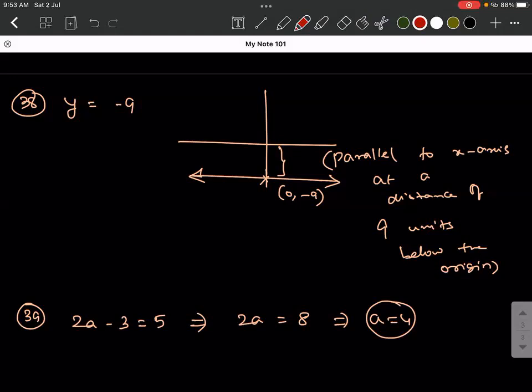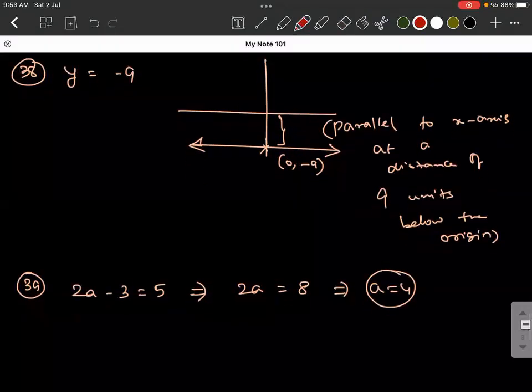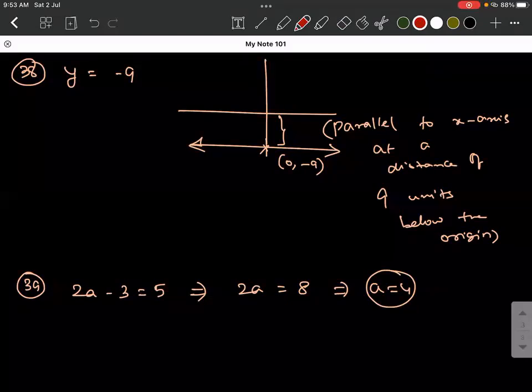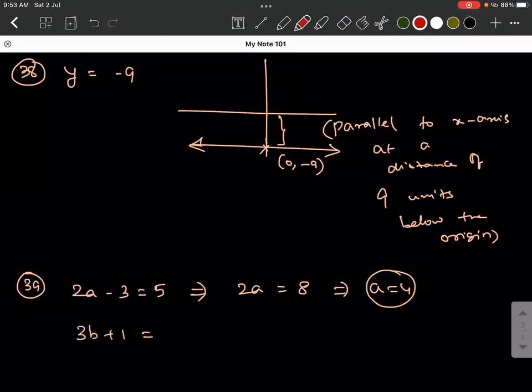No, what are they asking actually? I didn't get it. 3b plus 1 is equal to 2, which implies 3b is equal to 1 and b is equal to 1 by 3. What are they asking?